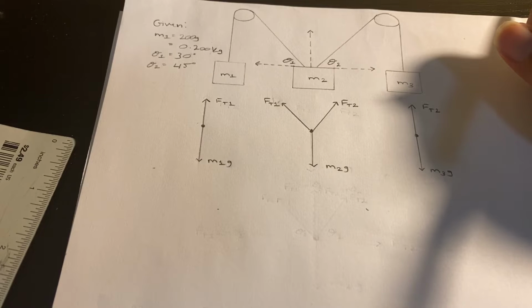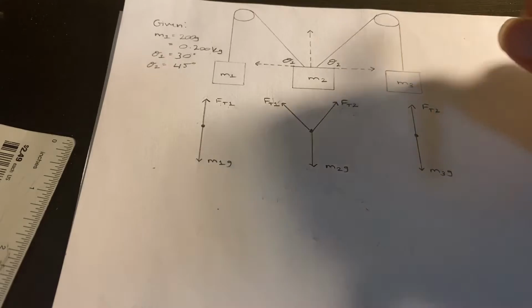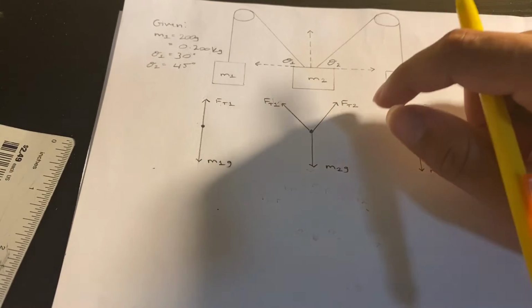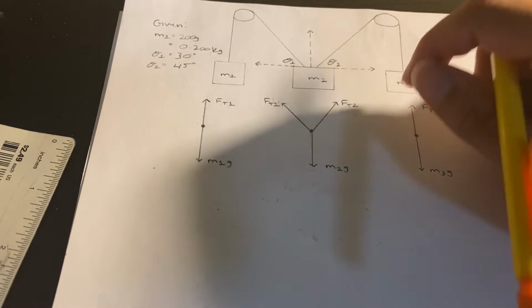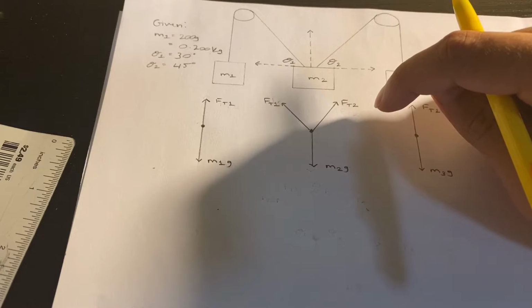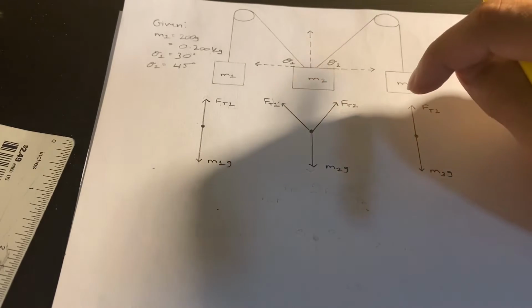So the correct way to do this would be, the first step I would take is to redraw the free body diagram for mass 2, but this time I will draw the component forces to help aid me in writing my force equations for mass 2.